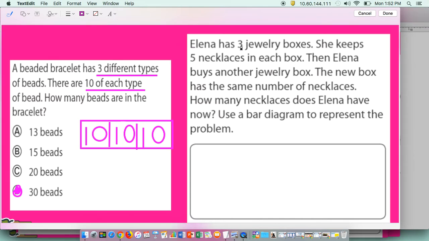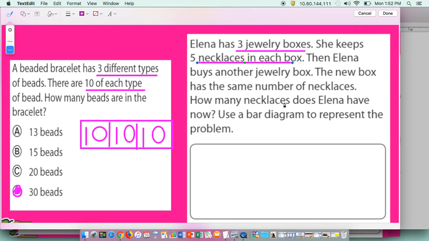Elena has 3 jewelry boxes. She keeps 5 necklaces in each box. So I'm going to underline the information they gave me: 3 jewelry boxes, 5 necklaces in each box. Then Elena buys another jewelry box. The new box has the same number of necklaces, so it still has 5 necklaces.